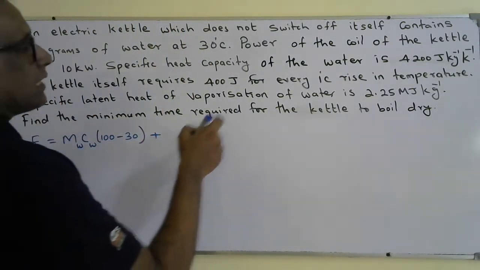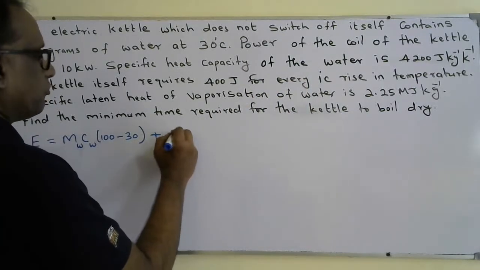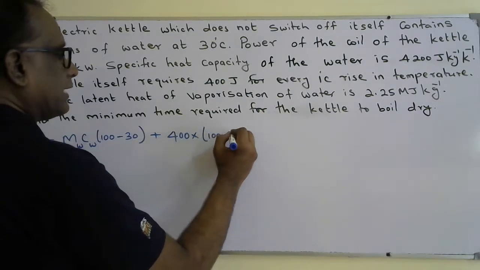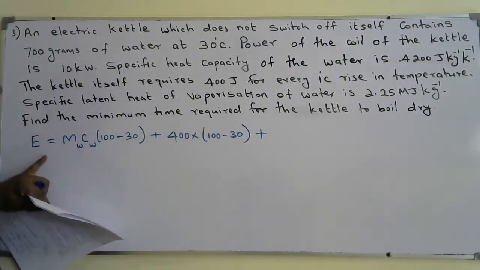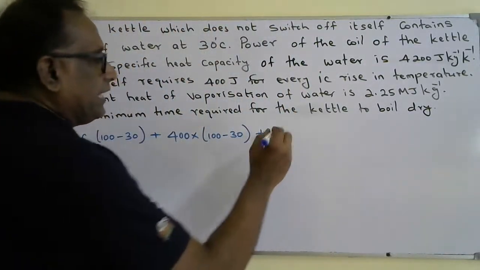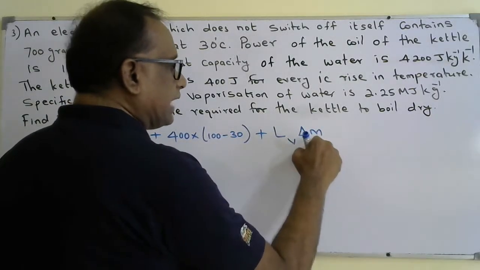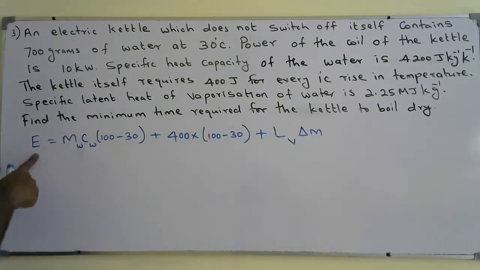Every 1 degree Celsius rise takes 400 joules, so 400 times delta T, that is 100 minus 30. Then we are going to vaporize all the water: L_V times delta M, where delta M is 700 grams. This is the total amount of energy required.